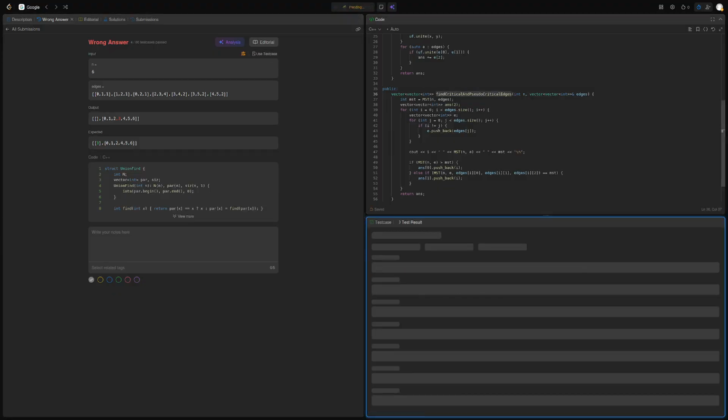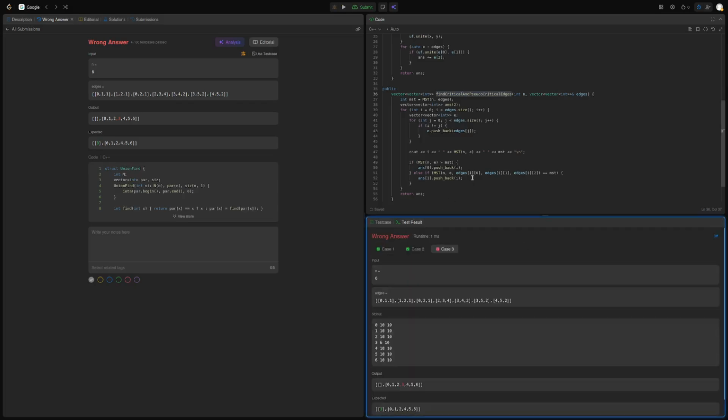So this makes 2 cycles with weights 1 and weights 2 and then joins them with an edge of weight 4 for some reason.